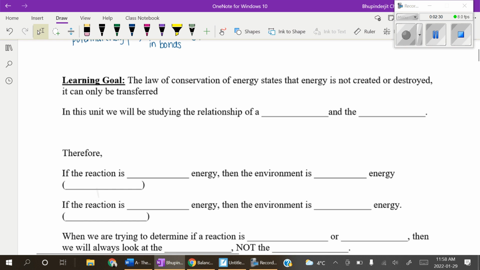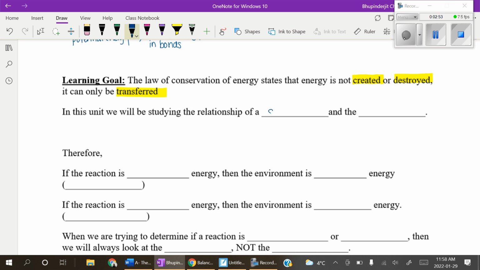Okay, so the next learning goal is that the conservation of energy states that energy cannot be created or destroyed, and it can only be transferred. So like I said, in this unit, we're looking at the relationship between the surroundings and the reactions.